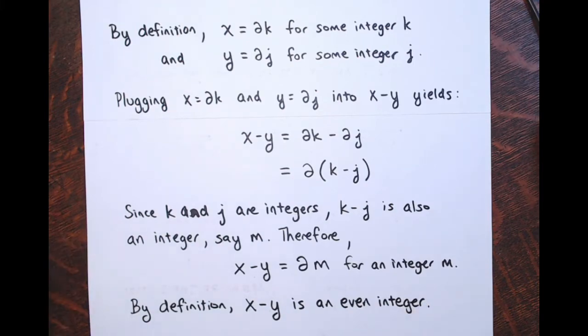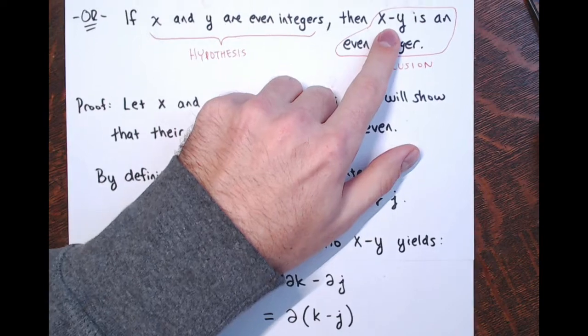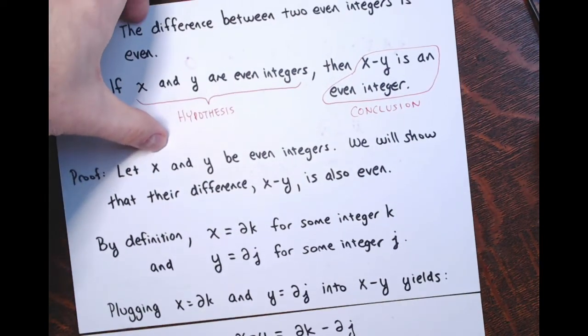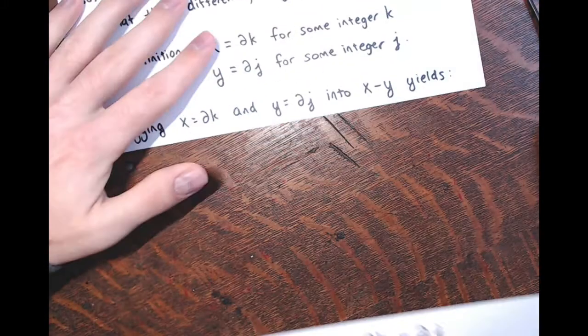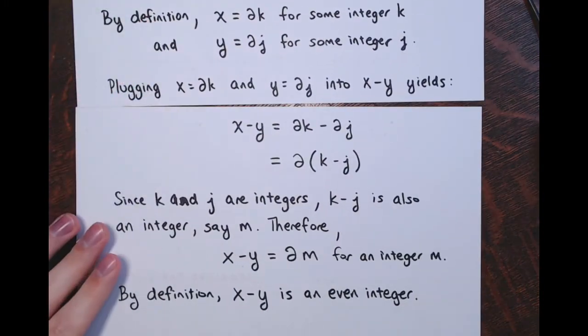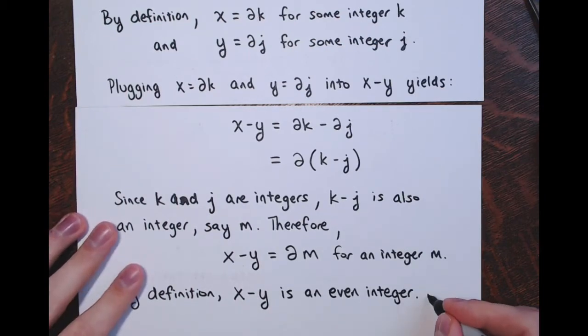And this is exactly what we were trying to show, right? That was the conclusion. So I started with my hypothesis assumption, and I've ended with the conclusion, shown that the conclusion is true. So if x and y are even, x minus y is also even. I am now done with the proof. I have shown what I'm trying to show.